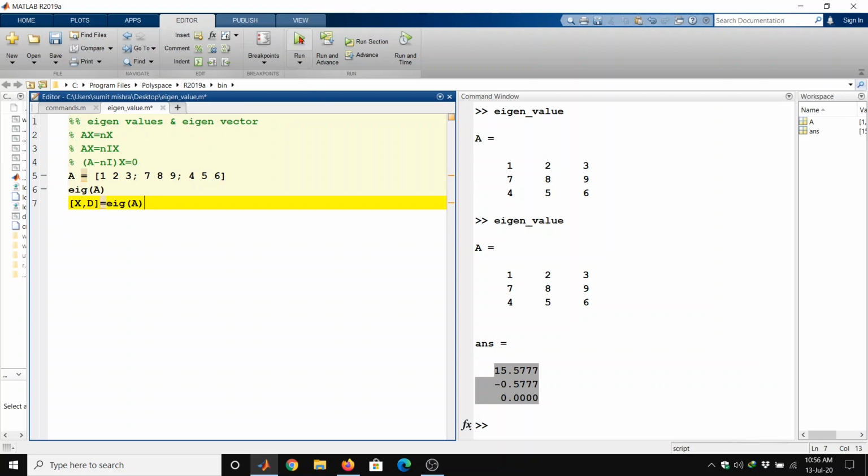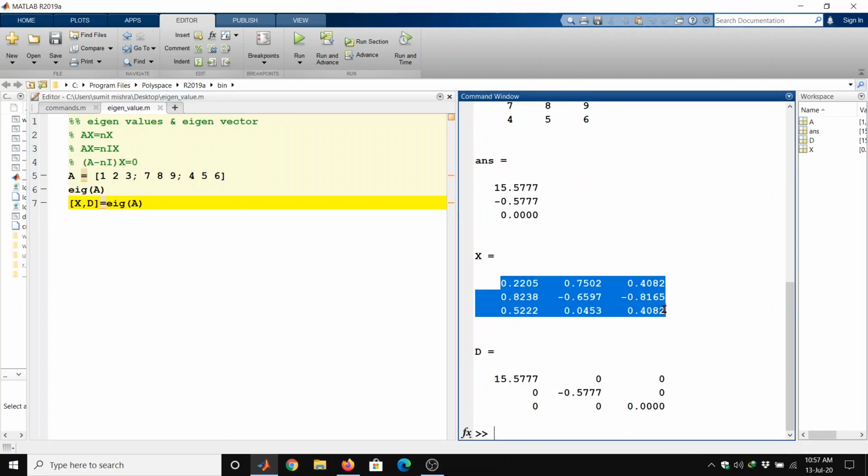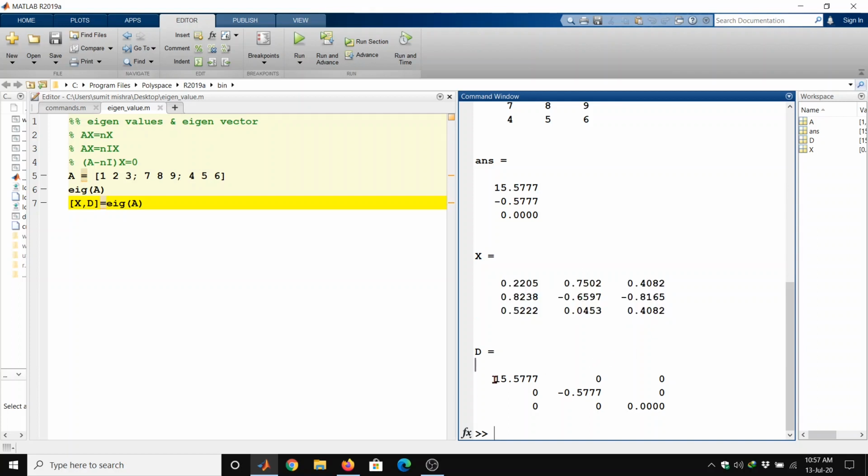If we run it, we can see here we evaluated all the vectors, that is eigenvectors, and we can again see the diagonal elements are our eigenvalues.